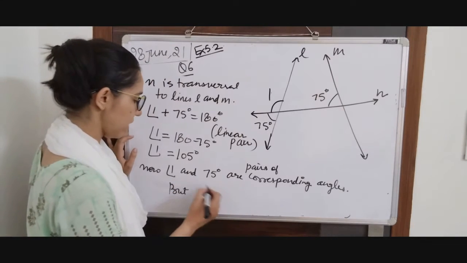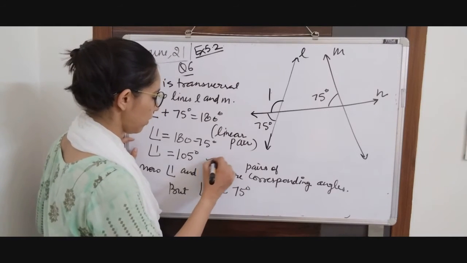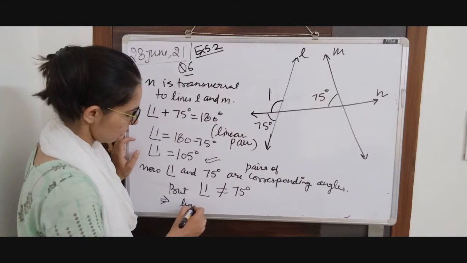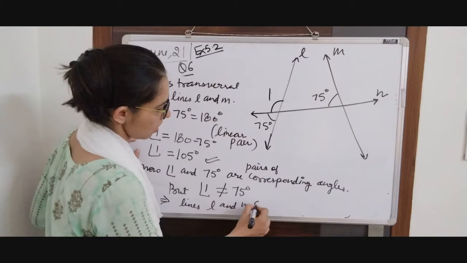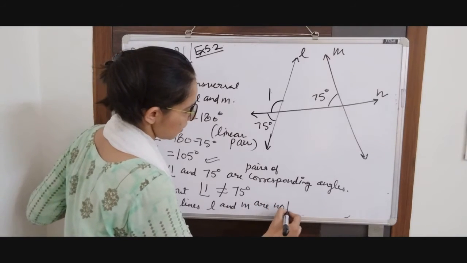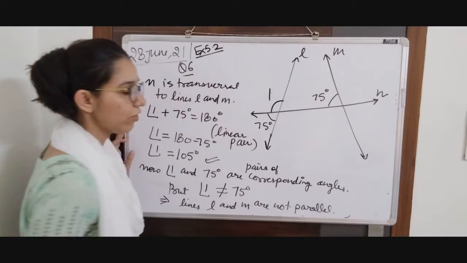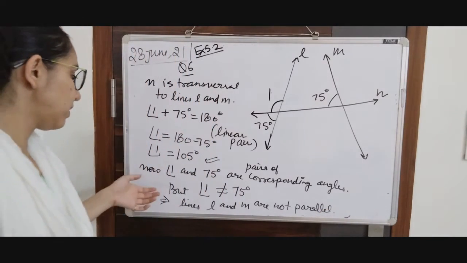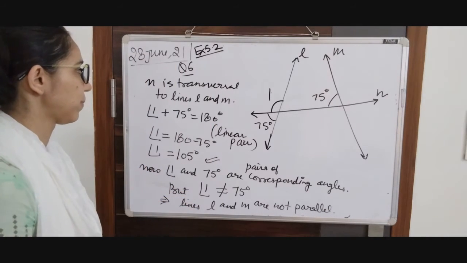They are corresponding angles, but angle 1 is not equal to 75, it is equal to 105, which implies lines L and M are not parallel. Why? Because the pair of corresponding angles are not equal. Had they been equal, the lines would have been parallel.